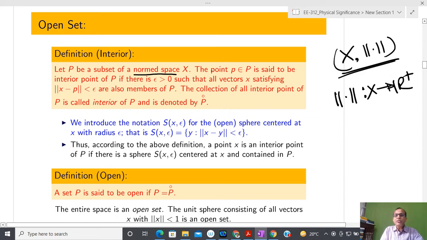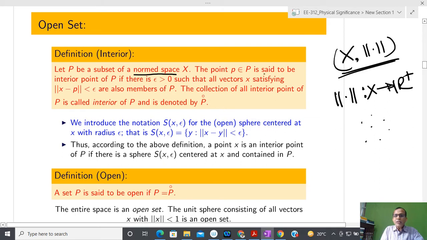Okay, so the point P, now what I am saying is that P is a subset of X. Now if P is a subset of X, then it has several points. Points may be in the form of column vectors, or functions, or matrices, that doesn't matter, because a point is nothing but an element.